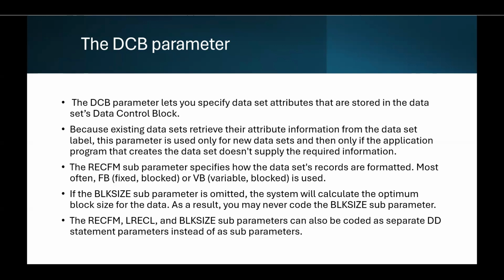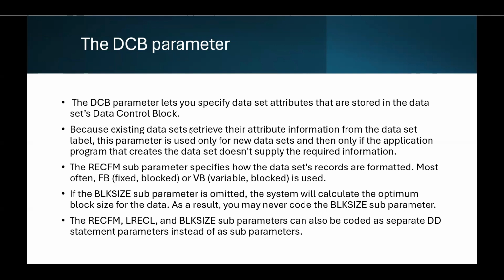Most often FB, fixed block, or VB, variable block, is used. If the BLKSIZE subparameter is omitted, the system will calculate the optimum block size for that data. As a result, you may never code a block size subparameter. The record format, the LRECL record length, and the block size can also be coded as separate DD statement parameters instead of subparameters.